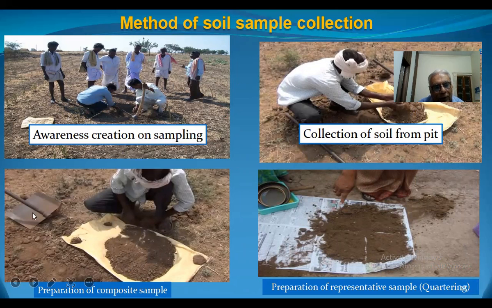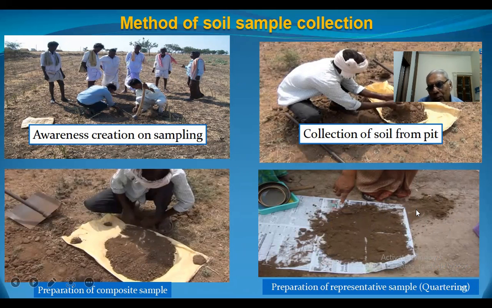You have to collect the soil sample from 15 to 20 places and then mix it. Then make 4 parts with your fingers, and discard the opposite parts. Again, mix. We require only 250 to 500 grams of sample, which is sufficient for carrying out the soil analysis.